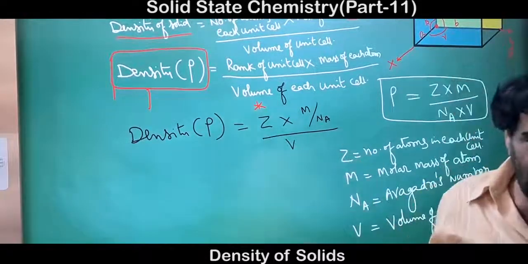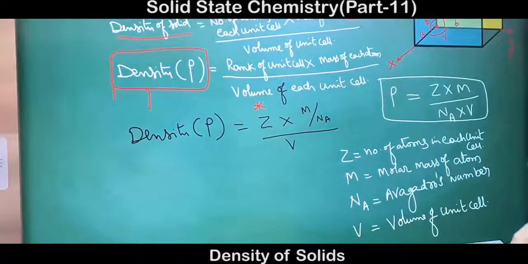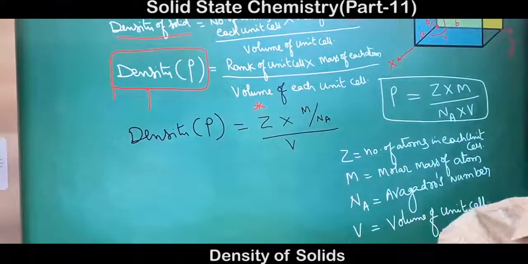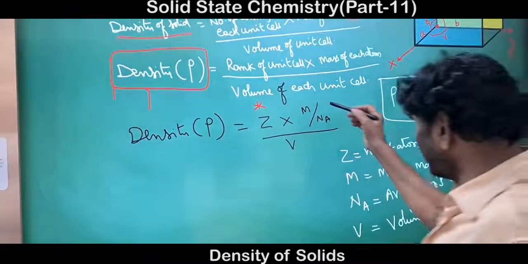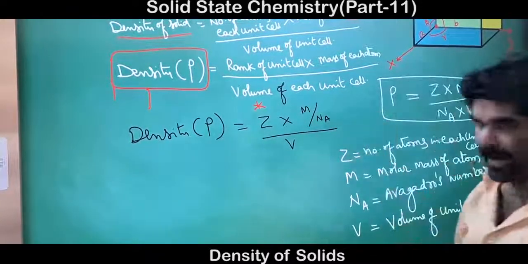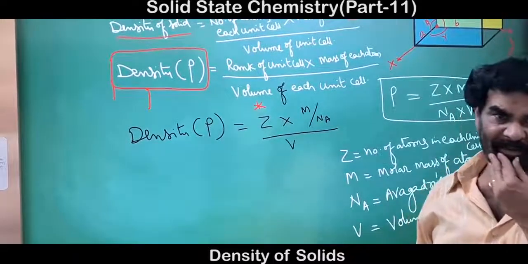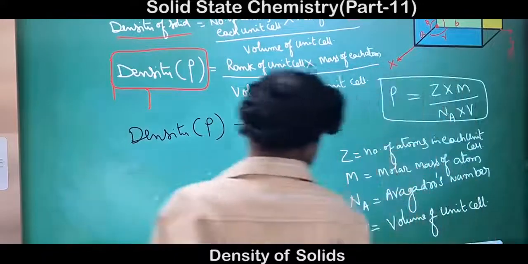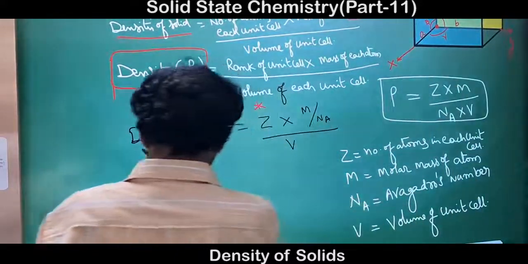Molar mass is the mass of the Avogadro number of atoms. We need the mass of one atom, therefore this is divided by the number of atoms associated with it, that is 6.023 into 10 to the power of 23. That is the relation.